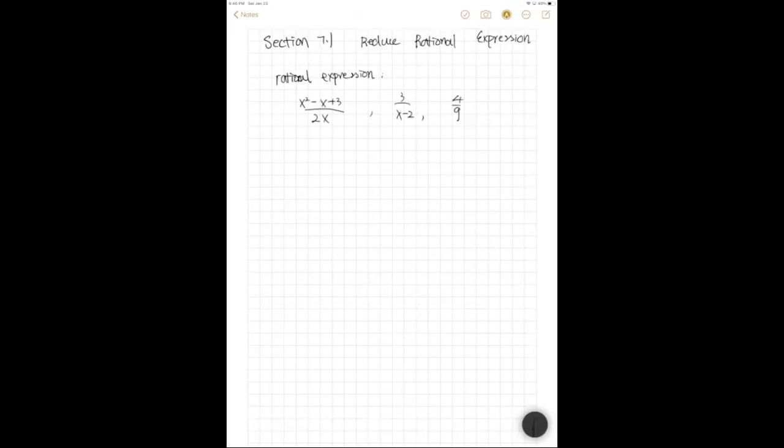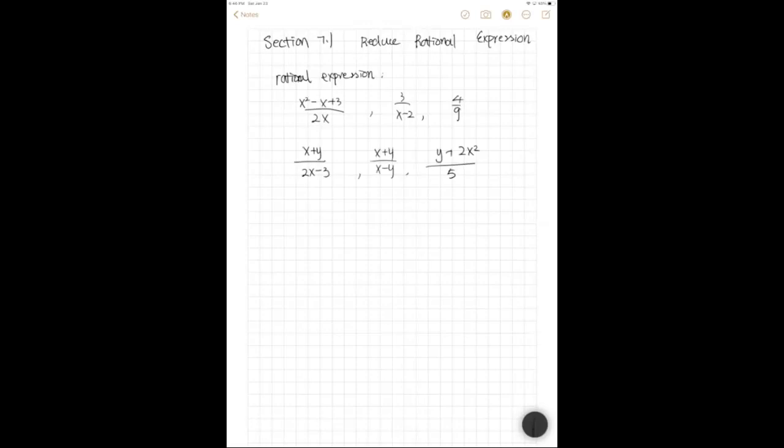If some polynomial, you can write it in fraction form, we call this a rational expression. They can have more than one variable, such as x plus y over 2s minus 3, or s plus y over s minus y, or y plus 2s squared over 5. These things are called rational expressions.